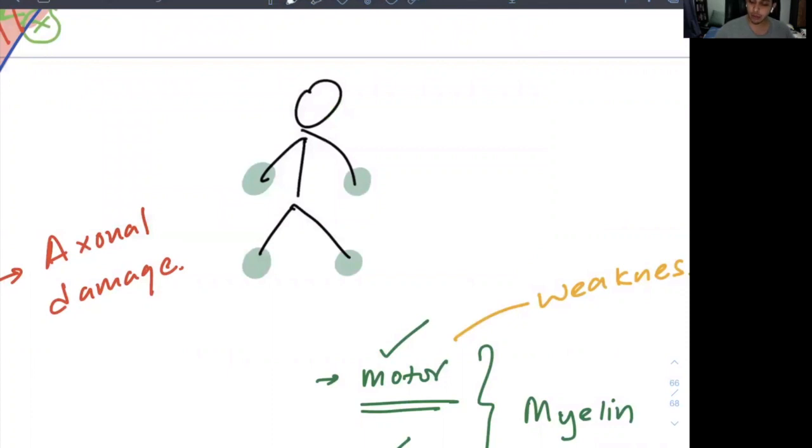Now, why will it involve the lower limbs first? Because the lower limb fibers are longer. So by simple physics, it takes more time for the nutrients to reach the end of your lower limbs than for your nutrients to reach the end of your upper limbs, because they are shorter. So that is why your lower limbs may get involved first.